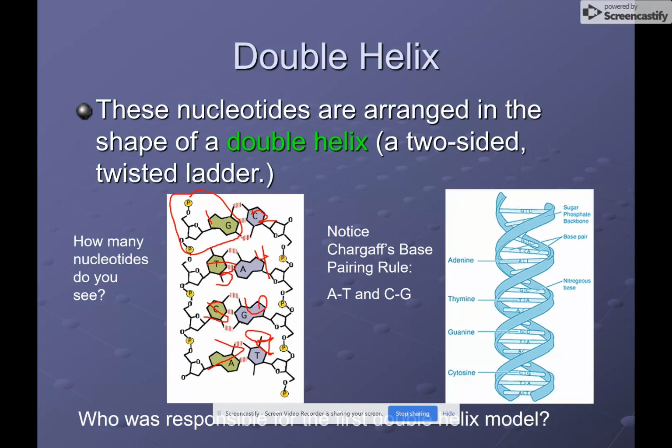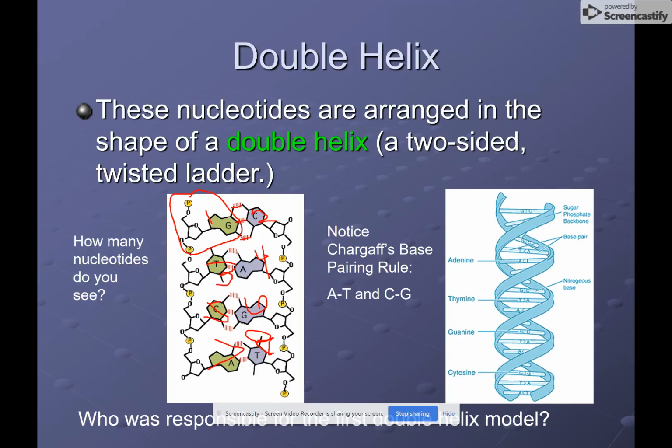But before we move on, looking at the hydrogen bonds that exist, there are two things I want to point out. Between guanine and cytosine, you should see three little bonds there. It's because there are three hydrogen bonds.